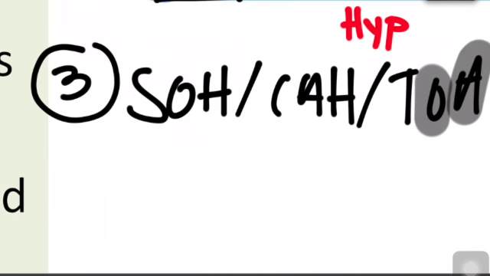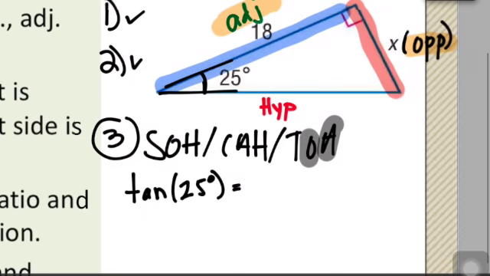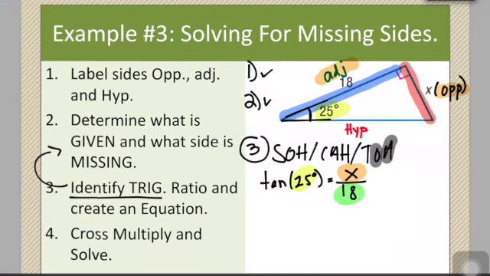Tangent of my angle, 25, is equal to the opposite side over the adjacent side. The opposite is what ended up on top, and the adjacent is down at the denominator.